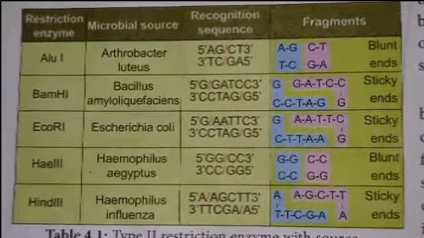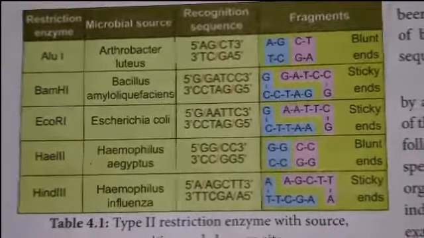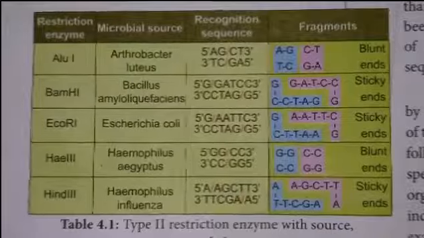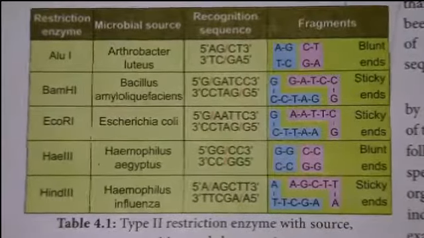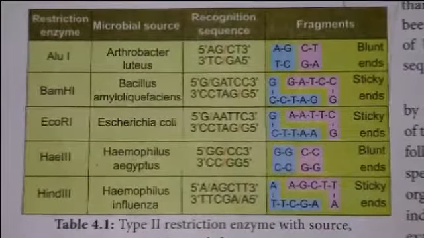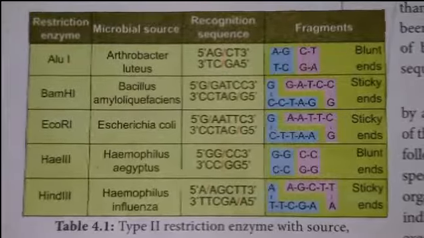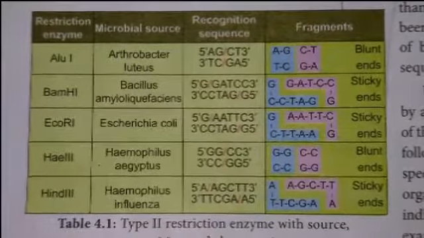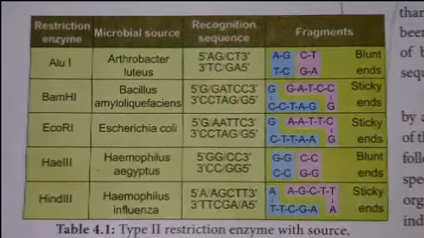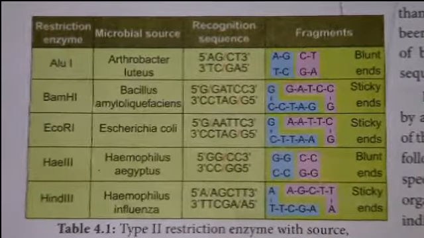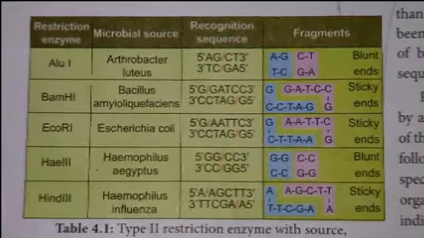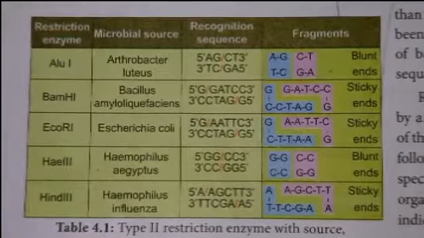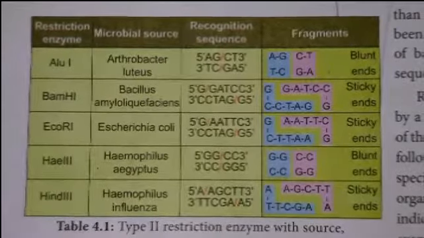Types of type 2 restriction enzymes with source, recognition and cleavage site. AluI is obtained from the microorganism Arthrobacter luteus. The recognition site is AGCT, and the cleavage produces blunt end fragments.